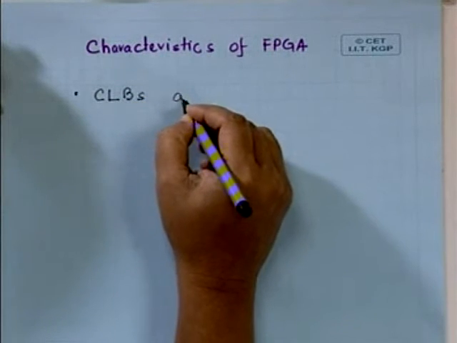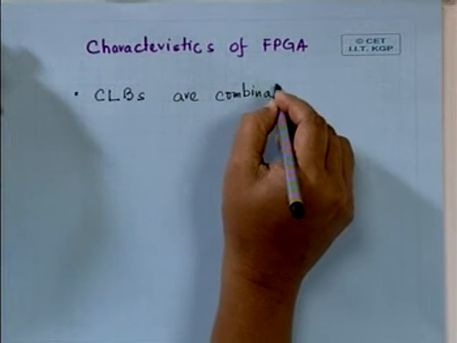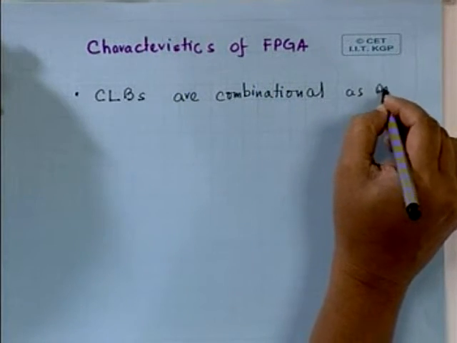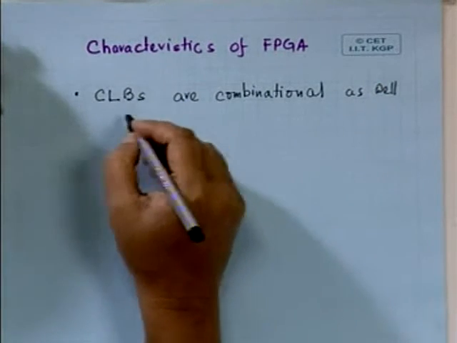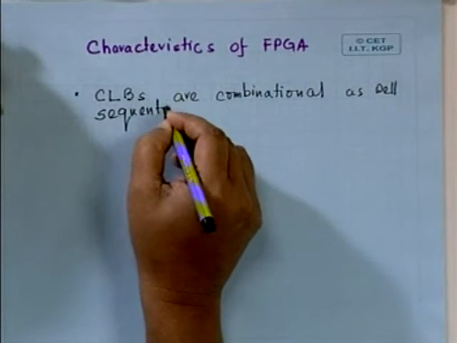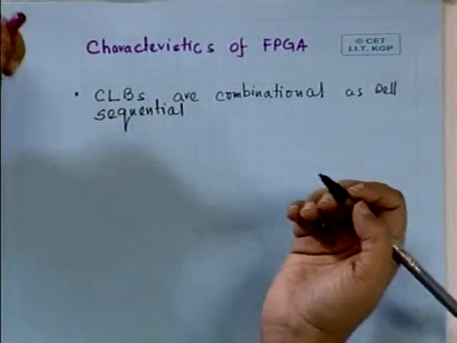CLBs are combinational as well as sequential. Normally the sequential blocks are synthesized by flip-flops.